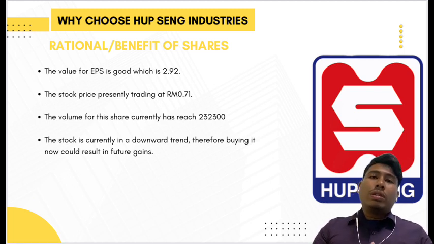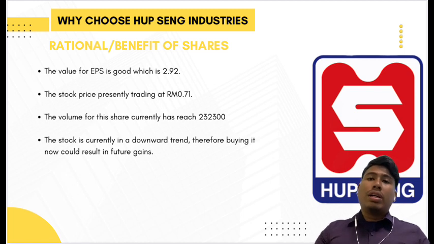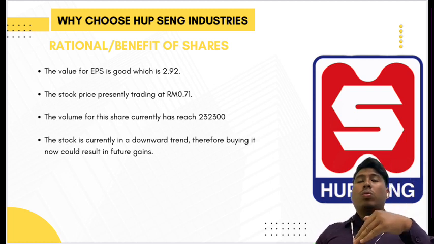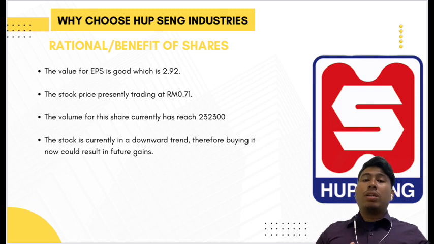The volume for this share has currently reached 232,300, and the stock is currently in a downtrend, so it is worth buying because in the future it can become an uptrend and the price will go up.